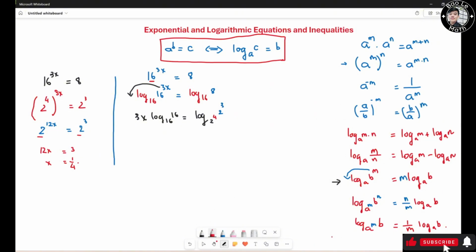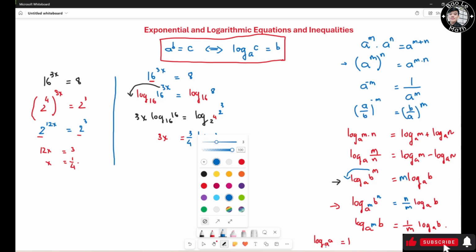Now I have the formula log base a of a always equals 1, so log base 16 of 16 is going to be 1. So the left hand side only has 3s left, equals. Now the right hand side I'm going to apply the formula right here. So it turns out to be 3 over 4 log base 2 of 2. Log base 2 of 2 is going to be 1, I use this formula, so I don't need to write it.